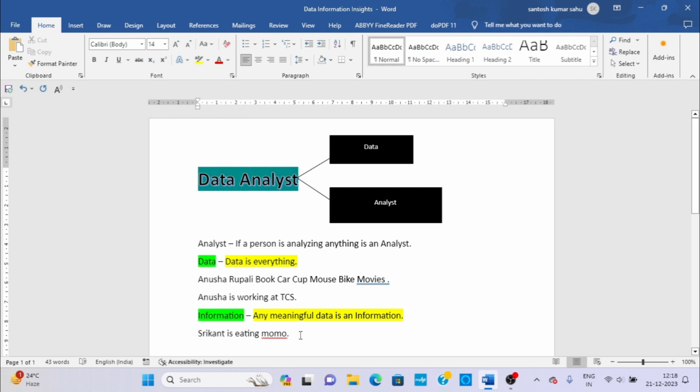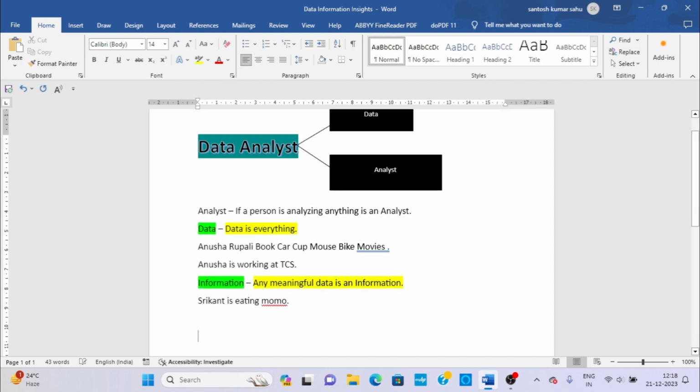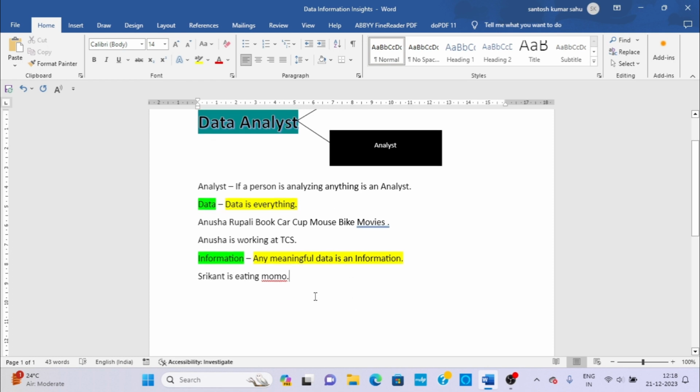You see, from this example, we have some information or some idea about Srikant: that Srikant is a person and he is eating momo. Okay. This is the example of information.